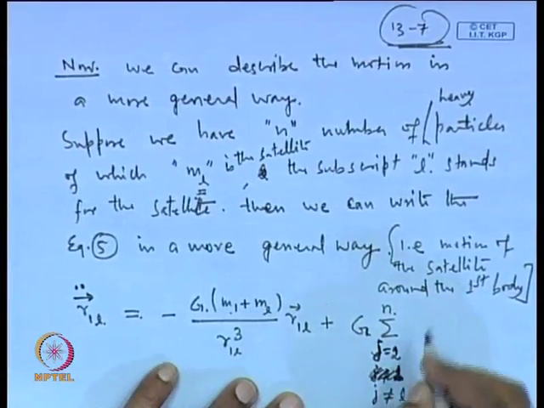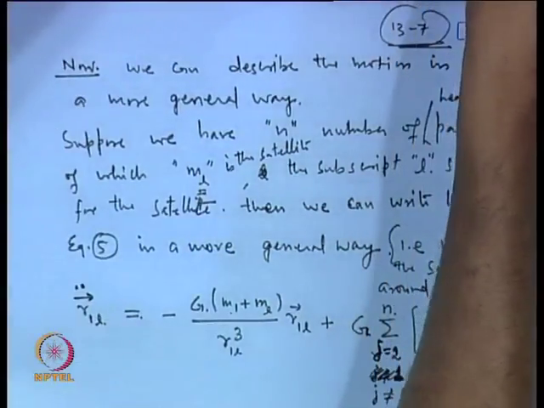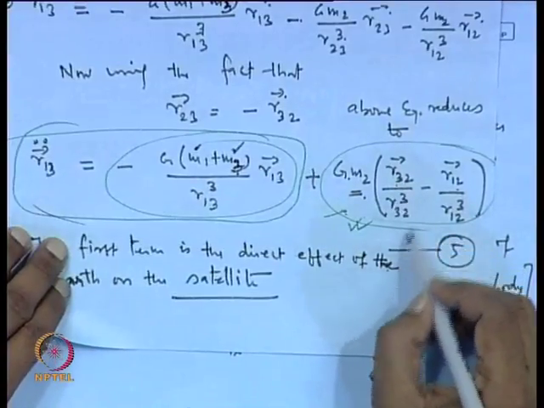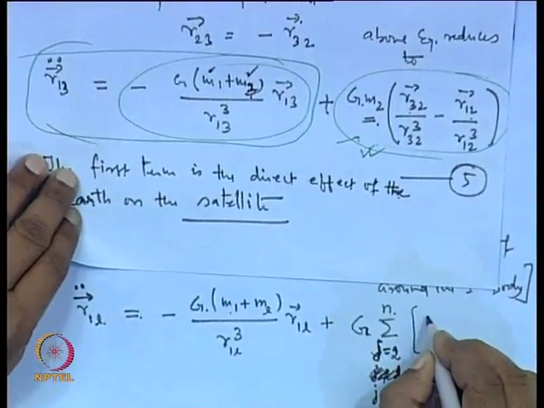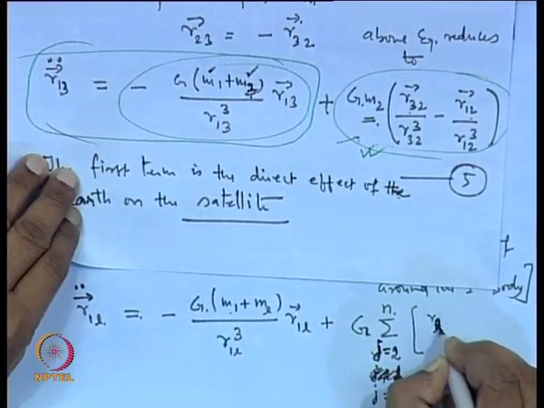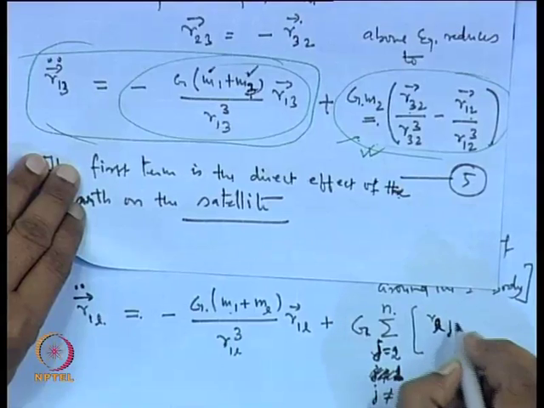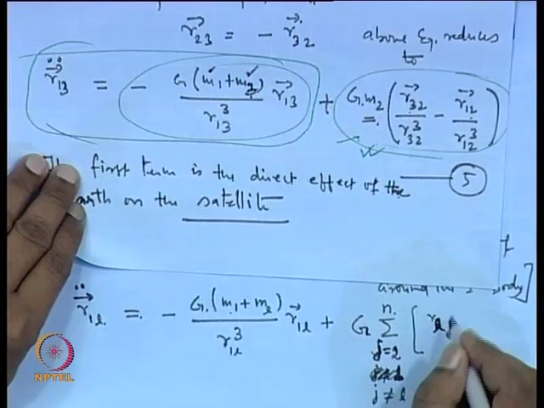Okay. So, following the formulation here, we can follow the same notation, and here we can write R L j, if instead of 3 we put L. So, R L j, and it varies from j is equal to 2 to n.